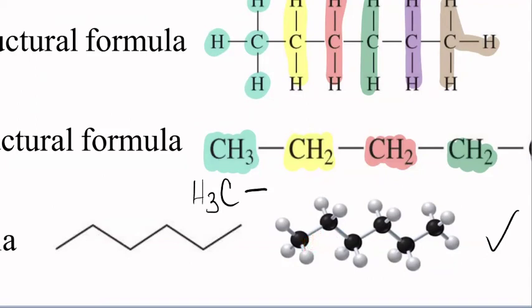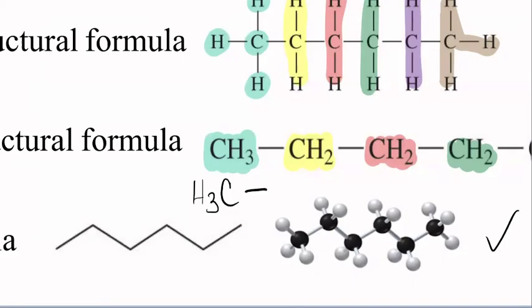So this line represents these 2 carbons. As we trace it based on the electron group geometry, we go carbon 1, 2, 3, 4, 5, 6, which is what we see illustrated here. Carbon 1, 2, 3, 4, 5, 6.